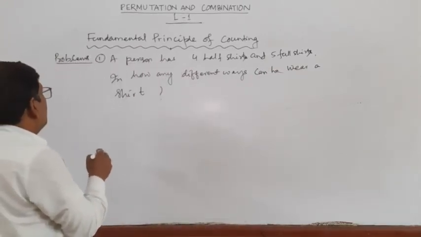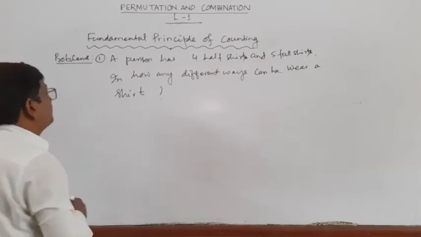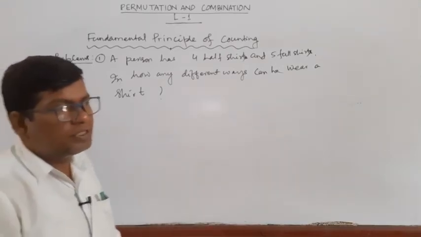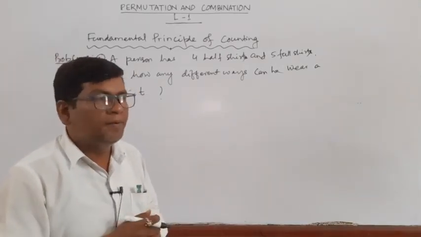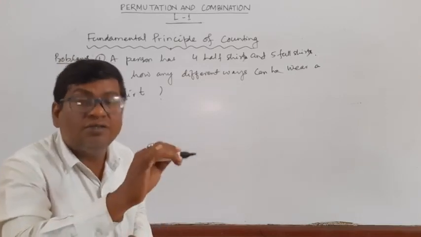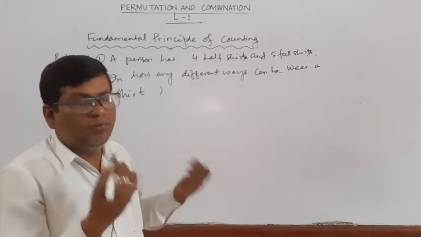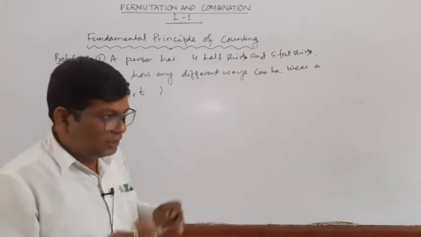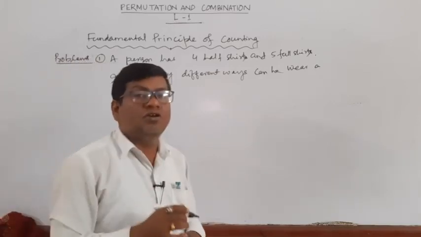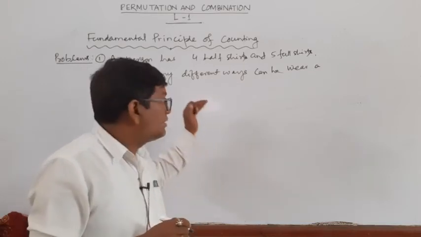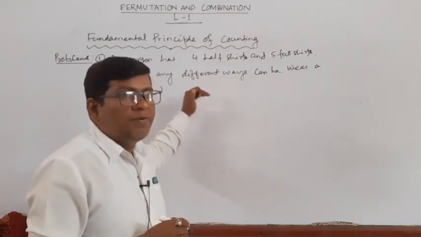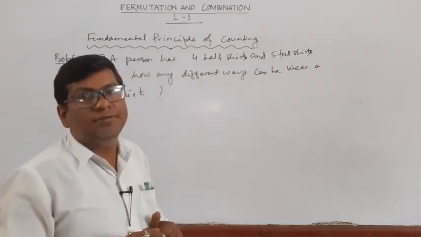Here the question arises: either the person wears a full shirt or a half shirt. Full shirt or half shirt, half shirt or full shirt. The conjunction "or" occurs here, so this is a problem of the addition principle.